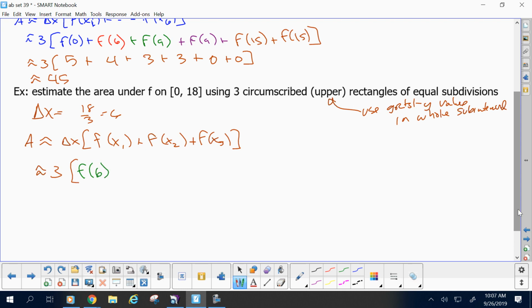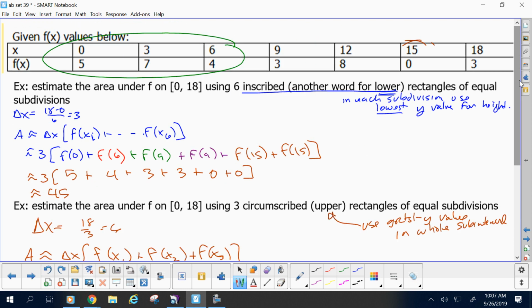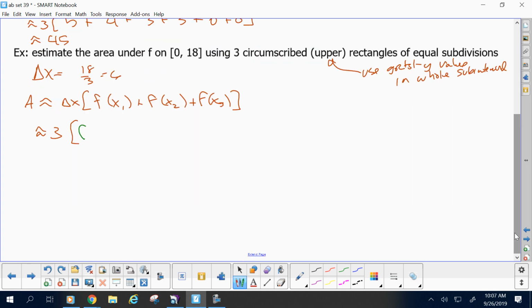We're supposed to use the upper y value, yeah? My bad. I was thinking lower value. So in that whole subinterval, I'm looking for the greatest value, which is F at 3. Sorry, I was still in lower mode. Sorry about that. Are you good?